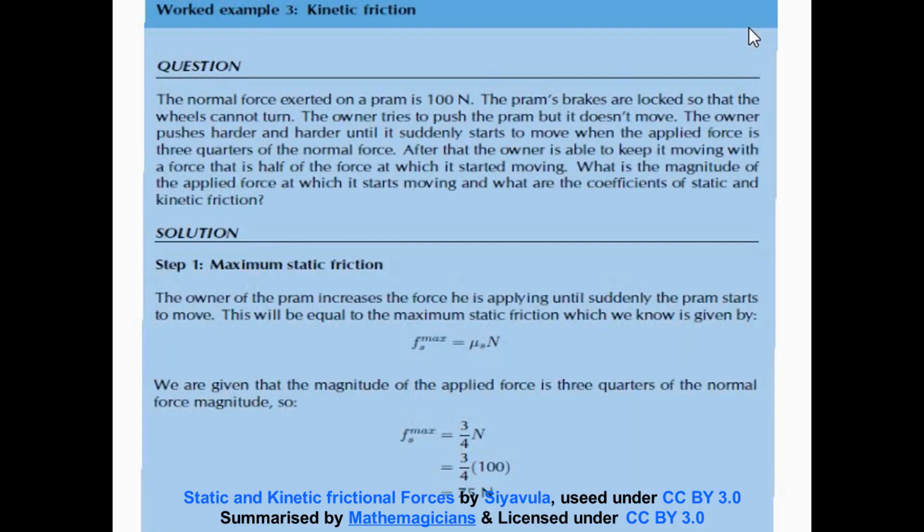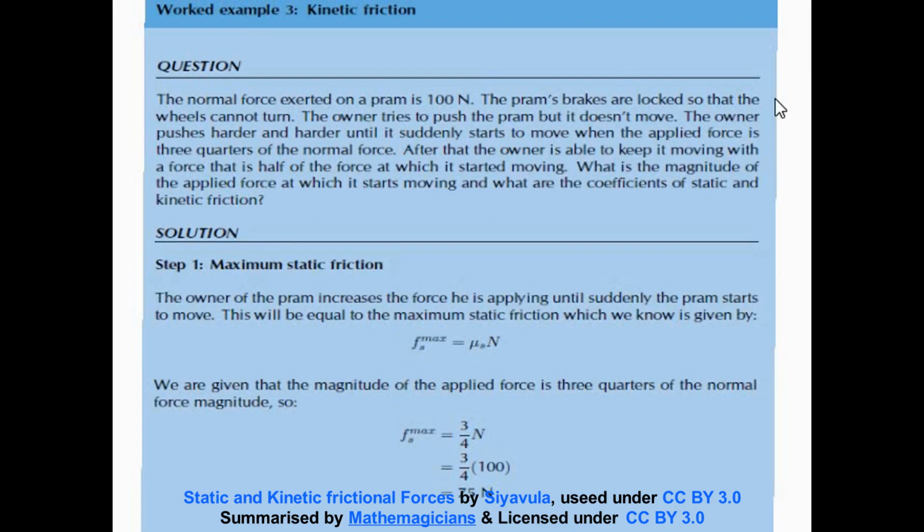In the right hand corner I'm going to write down the normal force is equal to 100 newtons. The pram's brakes are locked so that the wheels cannot turn. The owner tries to push the pram, but it doesn't move. The owner pushes harder and harder until it suddenly starts to move when the applied force is 3/4 of the normal force.